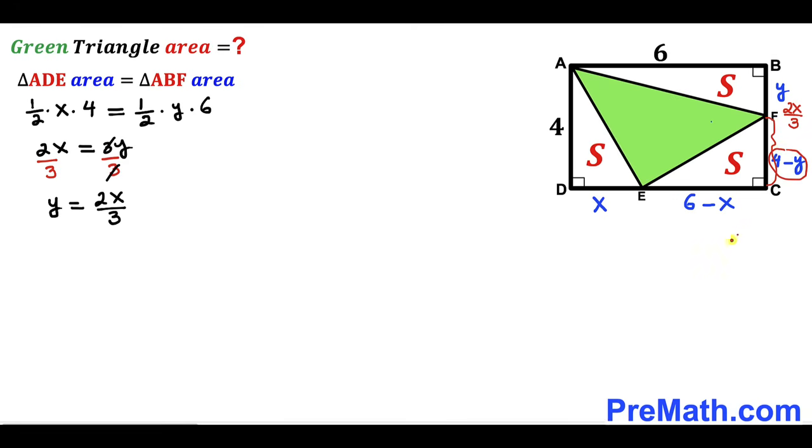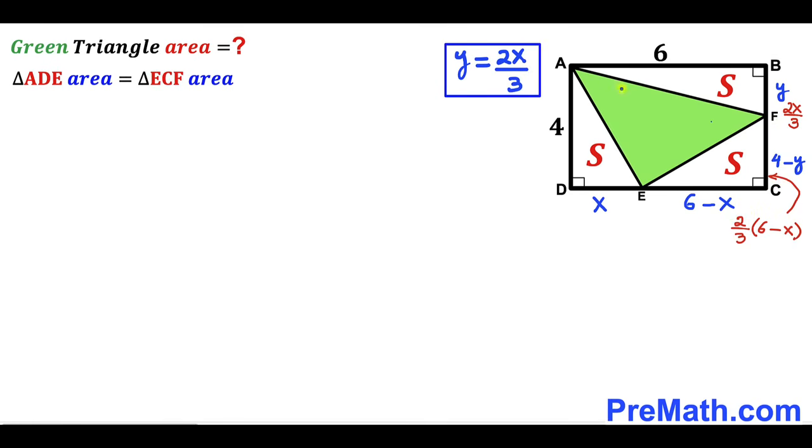So that means this could be written as 4 minus 2x divided by 3. And if I factor out 2/3 outside, this could be written as 2/3 times 6 minus x. So therefore this FC segment length turns out to be 2/3 times 6 minus x.